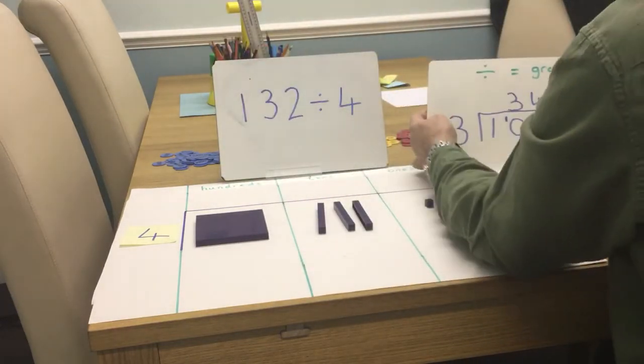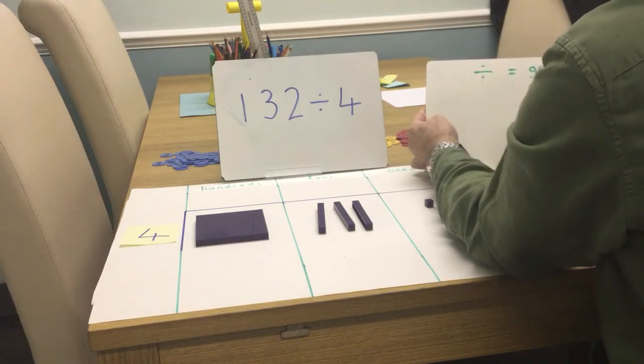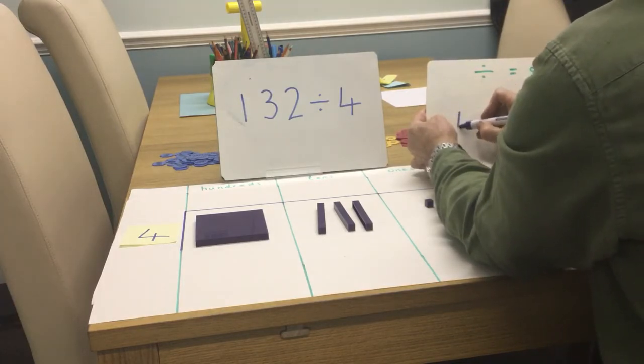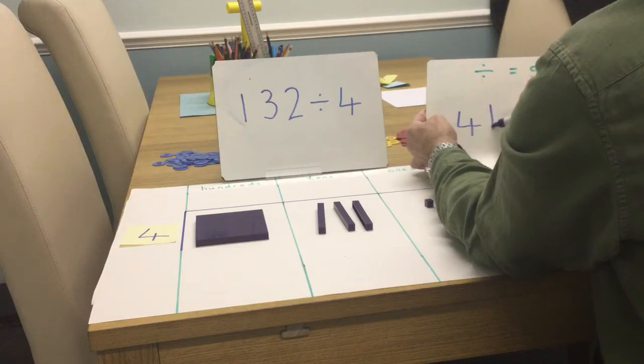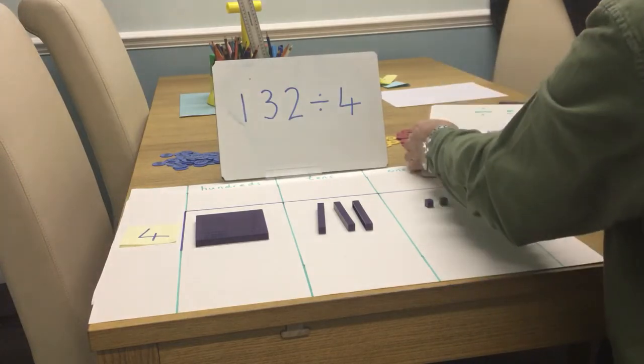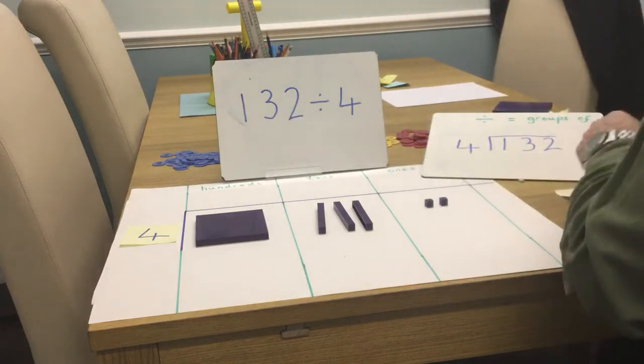So I wanted to draw that in my book. First I put down the 4, do a bus stop, and write 132 inside the bus stop. It's a little bit wobbly right in there. Okay, let's go.